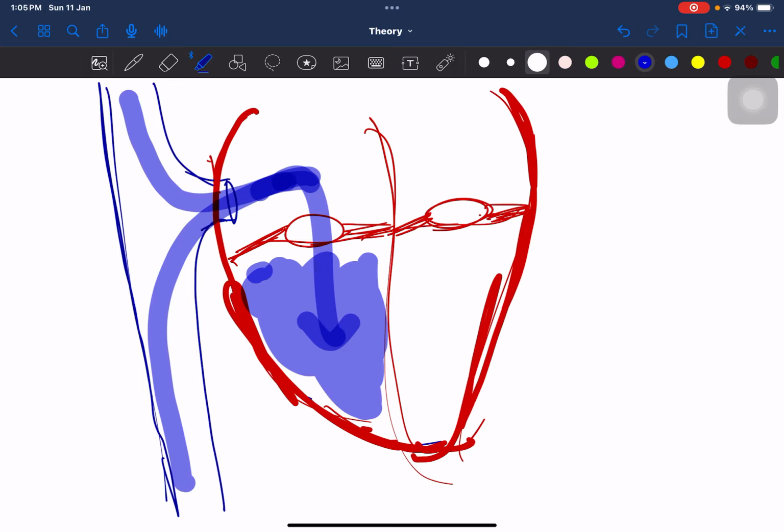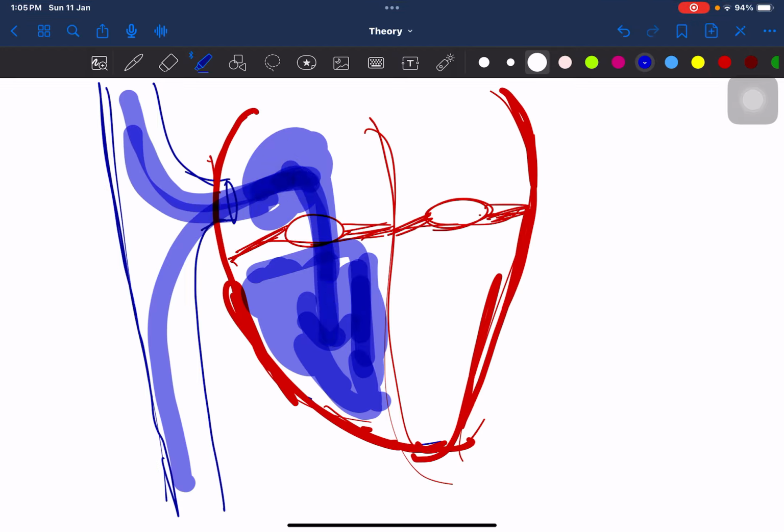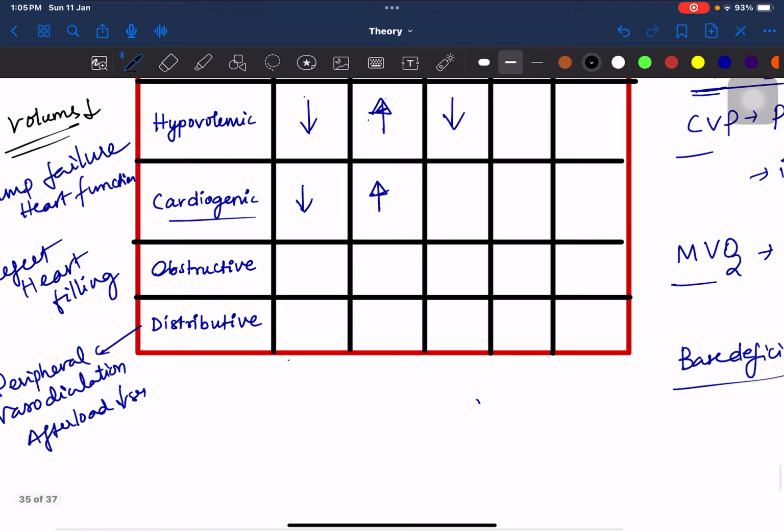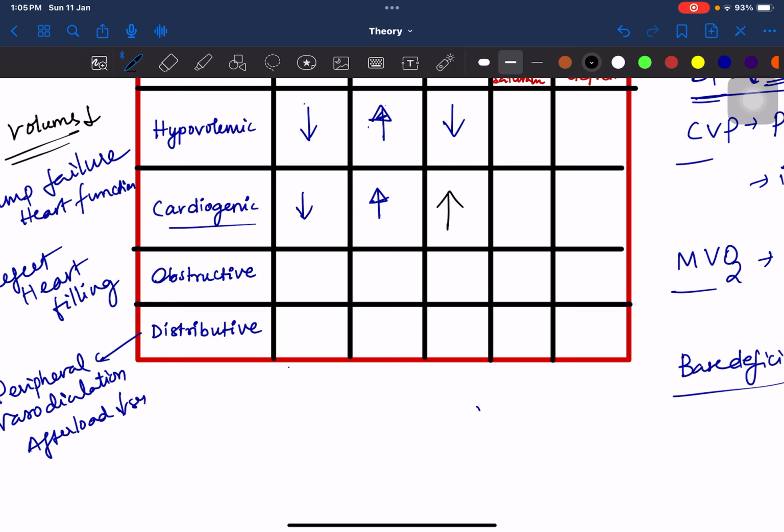So the blood pools up here in the right ventricle. Then the blood backs up in the right atrium and ultimately into the vena cava, and this exerts more pressure onto the walls of the vena cava. So what happens? The central venous pressure increases.